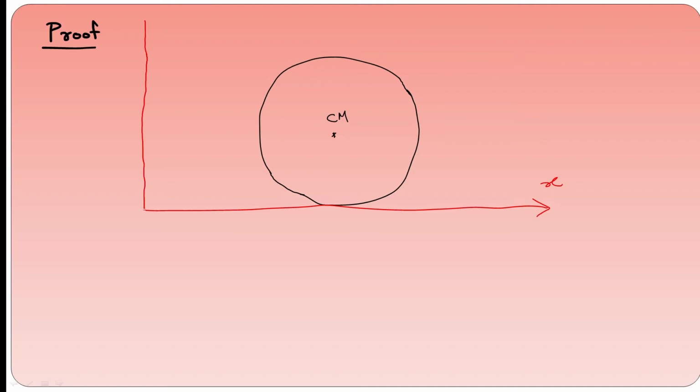Say this is the y-axis, and this is the z-axis, and the axis of rotation is z here. Now let us draw vectors.